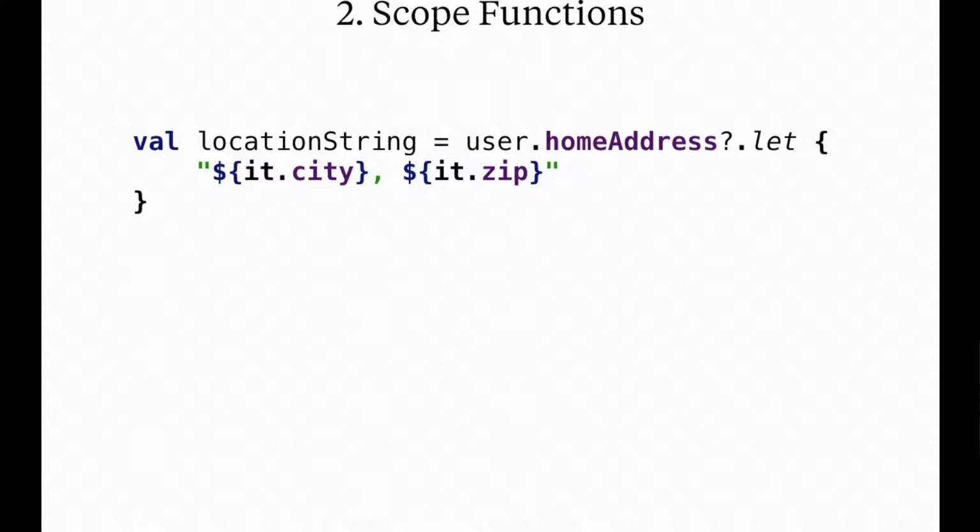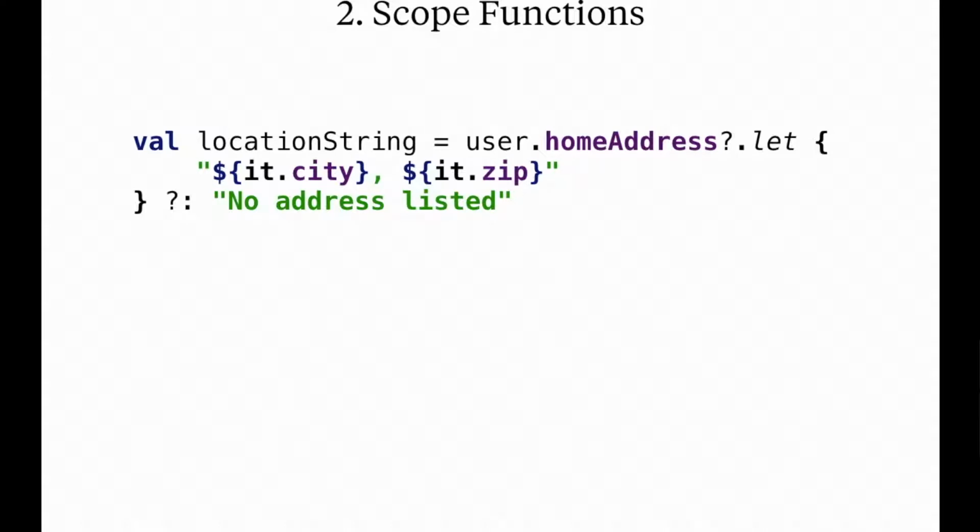Now, there's something wrong with this code because location string here ends up being nullable as well. After all, the let block won't execute if home address is null. But what let, in this case, is good at is letting you define a fallback. So you can say, well, if that's not anything, then here's my fallback, and supply that. And that gets captured in location string. Now location string is not nullable. It's always concrete.